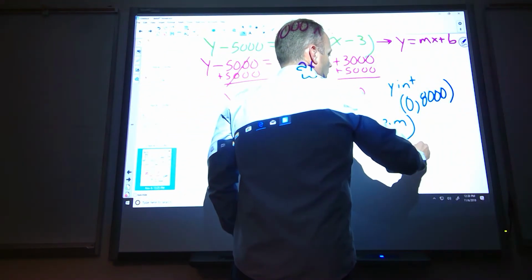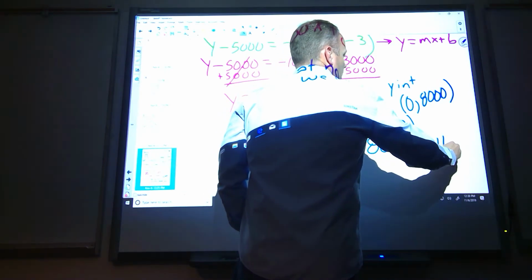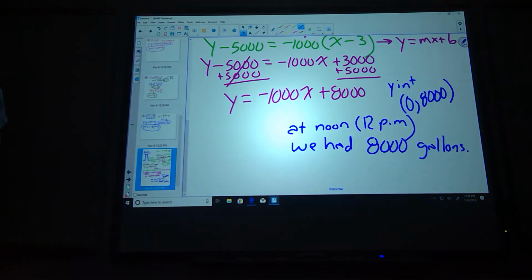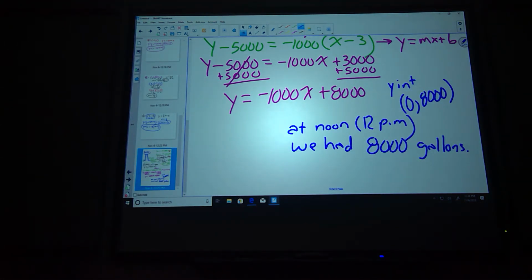So what does the y-intercept refer to in the context of this problem? It just refers to, hey, when we started the afternoon, we had 8,000 gallons. When we started our scenario, we had 8,000 gallons. The complete capacity of our thing held 8,000 gallons. Okay? So at noon, we had 8,000 gallons.